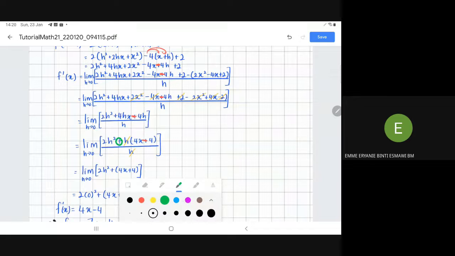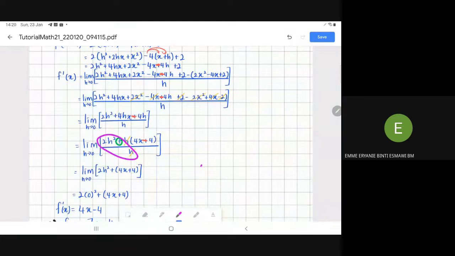So kalau tambah tengah tu, that means we have two pecahan, two fractions. Okay. Which is 2h square over h plus dengan h times 4x minus 4 over h. So that means h ni, kalau kita potong h macam tu saja, then sebelah ni masih ada lagi over h. Jadi dia pun patut dipotong juga. Okay.